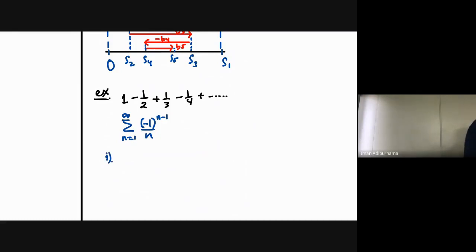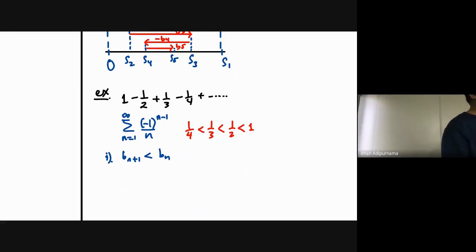First, if we look at the bn plus 1 less than bn, if you look at twice, maybe from 4, 1 over 4 is less than 1 over 3, is less than 1 half. It's less than 1.